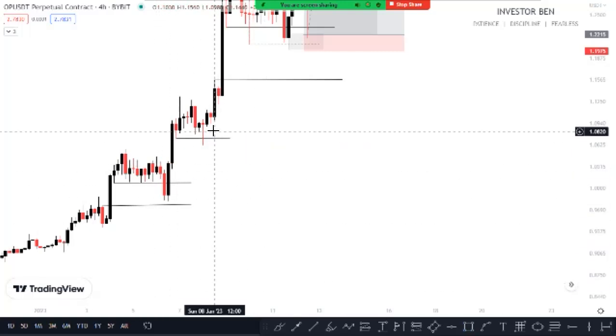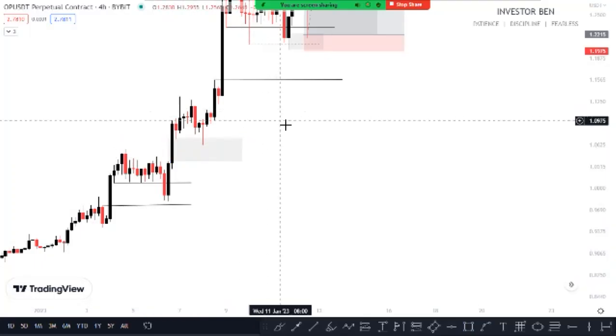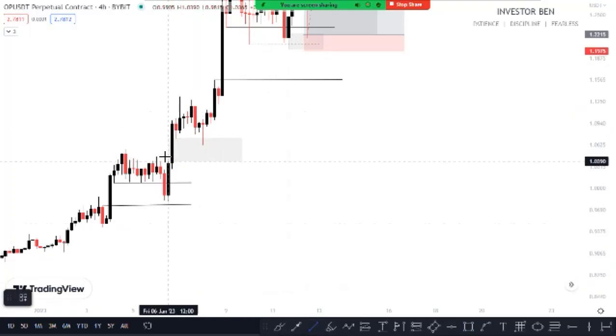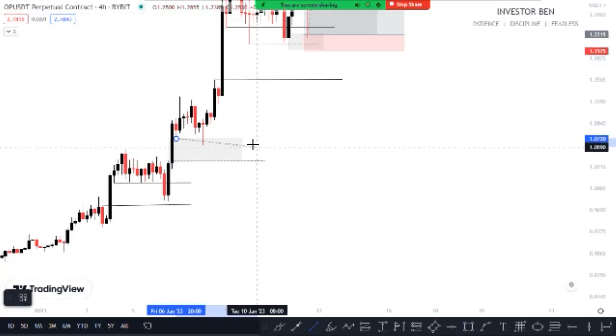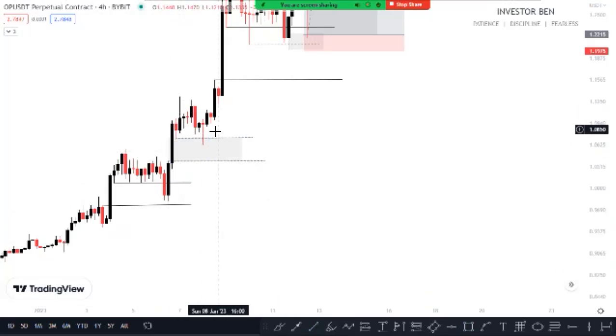You can remove this line and use this to replace it, right? But I prefer lines. So this is just an FVG mitigation, price mitigating this FVG, then buying to the upside.